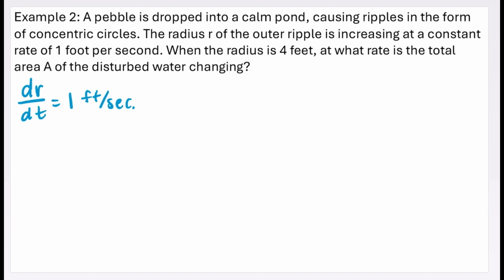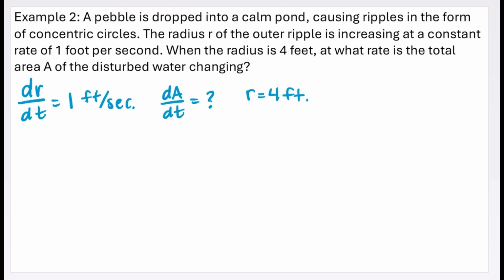And then we're trying to find the rate of the change of the area. So we're trying to find dA dt. That's our question there. That's what we don't know. And specifically how the area is changing when the radius is equal to 4 feet.